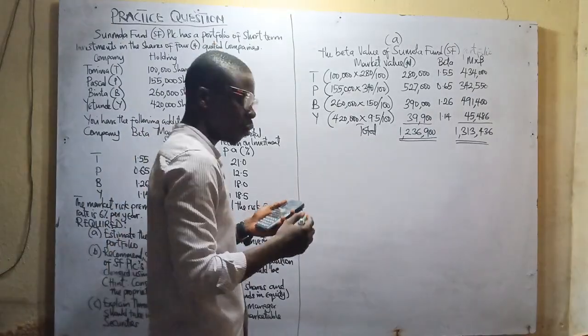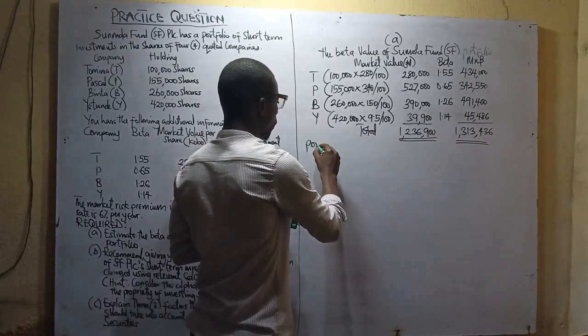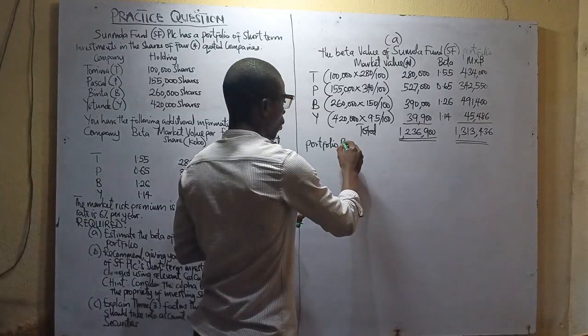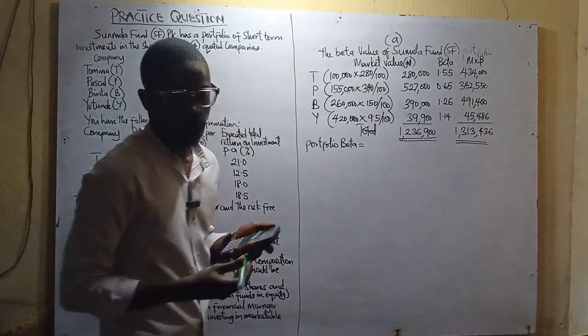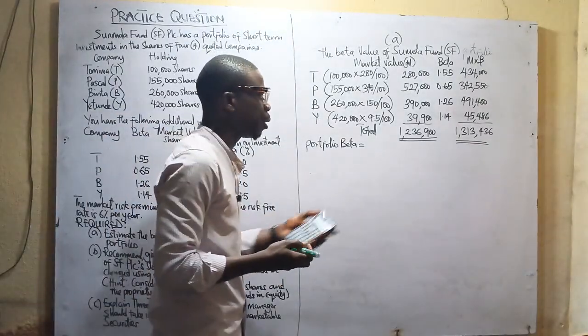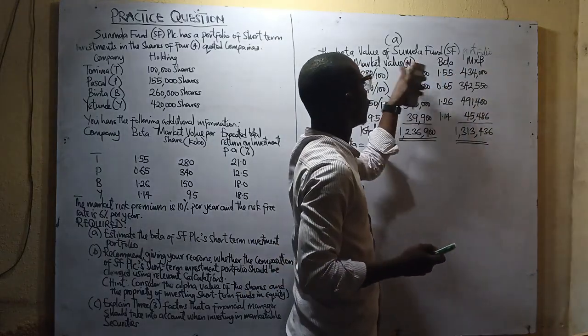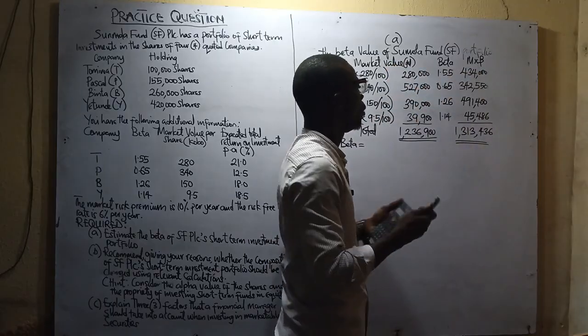Now, for us to calculate the portfolio beta, because that's how we are asked to calculate, after getting this total, let's divide our MB, that means the total of our market value times beta.